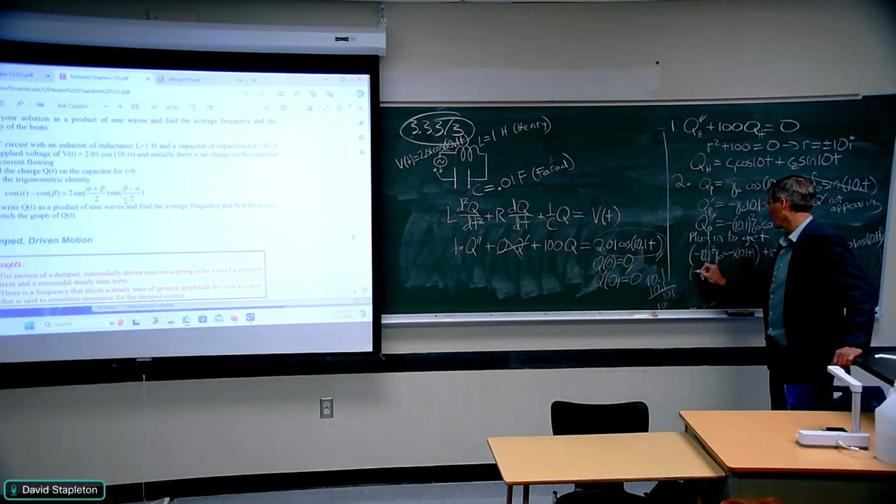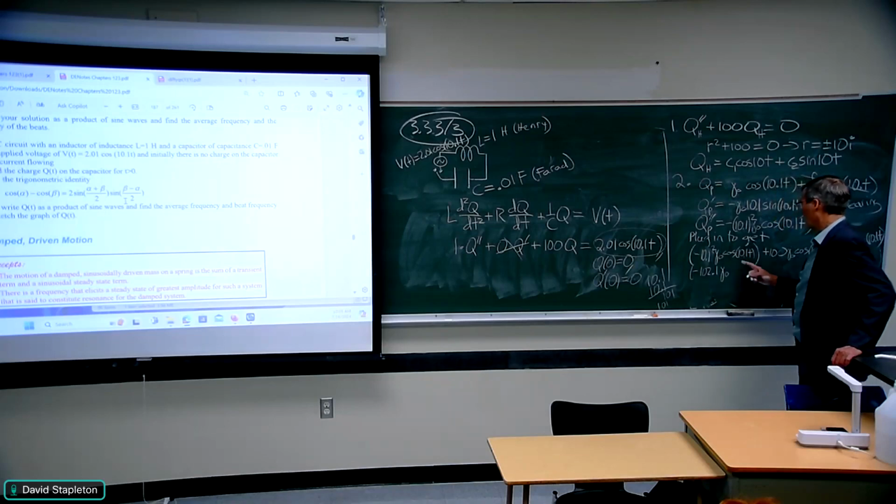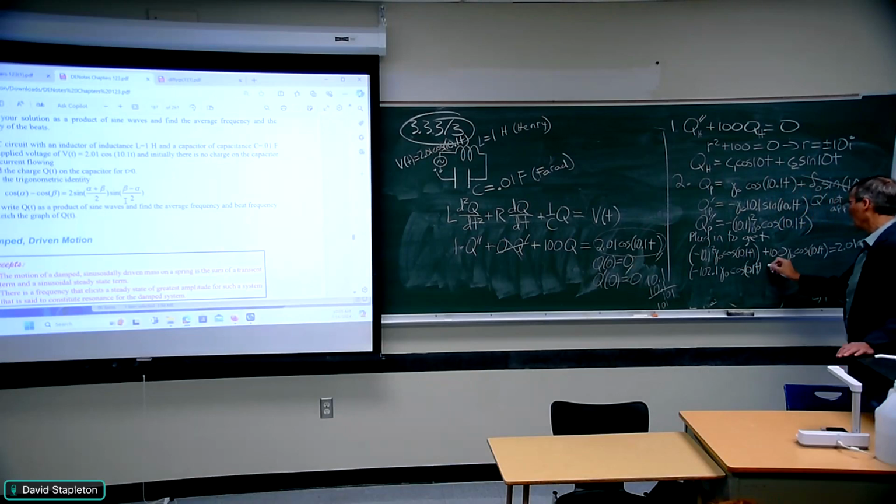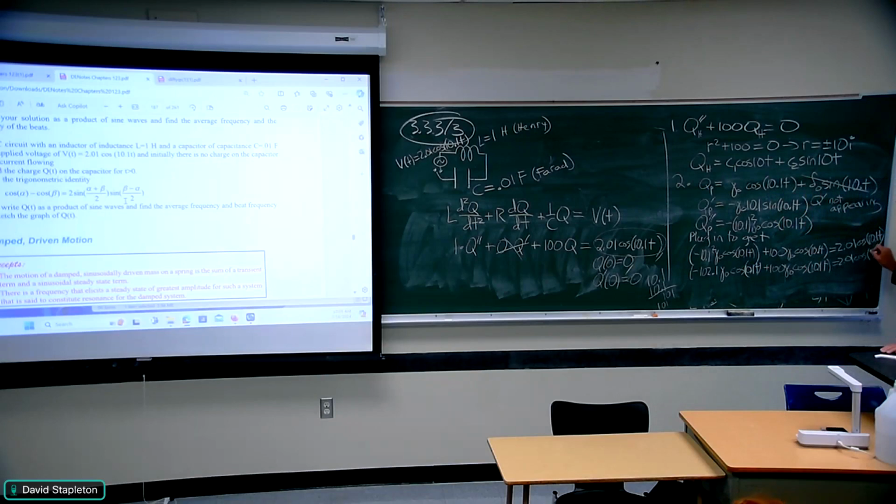So this is minus 102.01 gamma zero cosine 10.1 t. All I did was square 10.1 here, plus 100 gamma zero cosine 10.1 t equals 2.01 cosine 10.1 t.